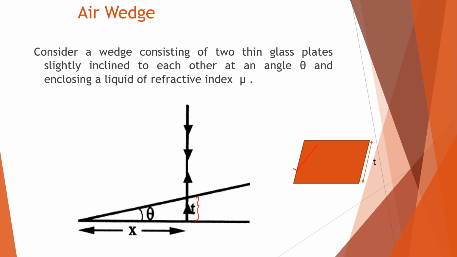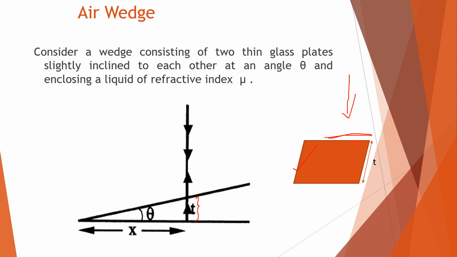It is actually in a rectangular shape, and when you view from above, it is the locus of the points having the same thickness of the air film or the liquid film. It is in the shape of a line. So in air wedge you are getting bands as fringes.